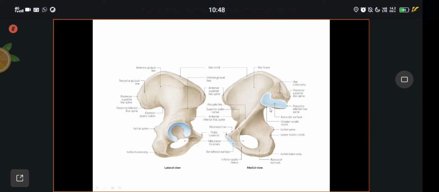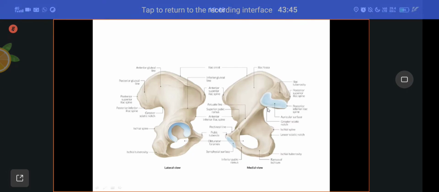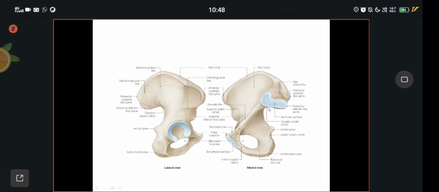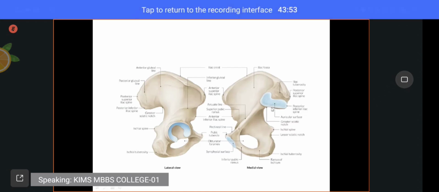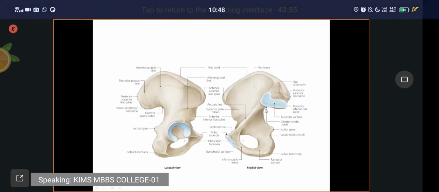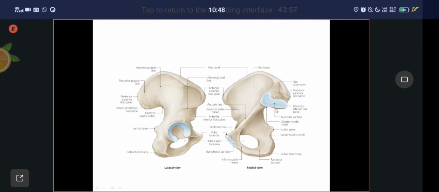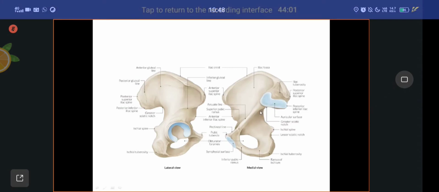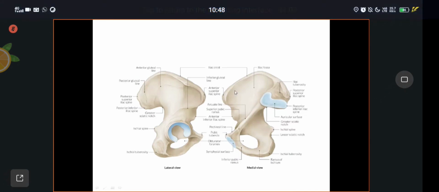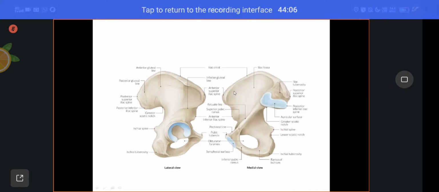And also which ligament did I tell you? The ventral sacroiliac ligament. This preauricular notch is more in multiparous women because of the stretching of the ventral sacroiliac ligament. So this is all about the ilium of the hip bone.